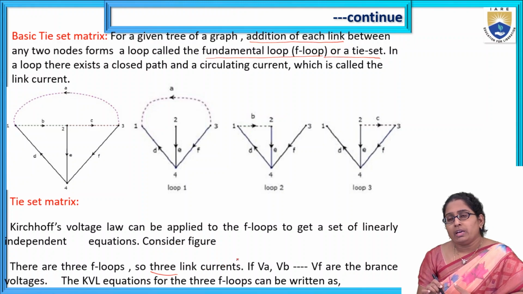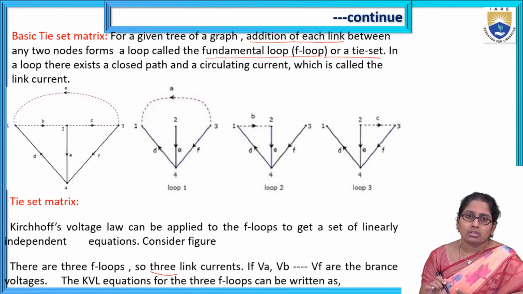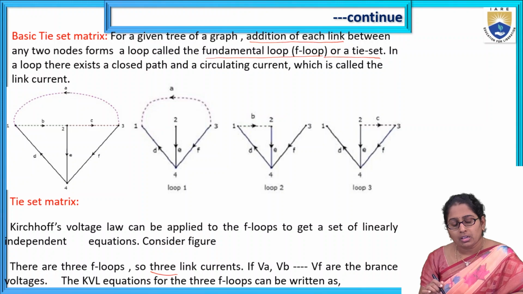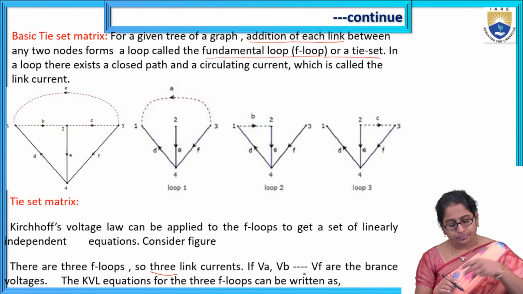Now, to write down the KVL, we have to write in terms of voltages. So consider branch voltages. We have branches A, B, C, D, E, F, so take the branch voltages VA, VB, VC, and so on up to VF.